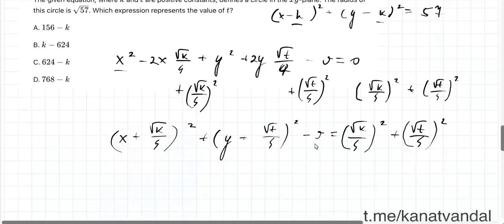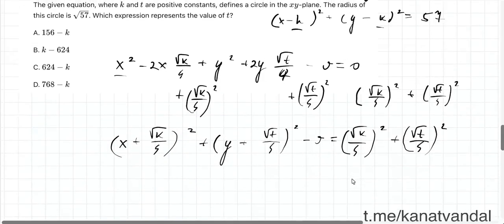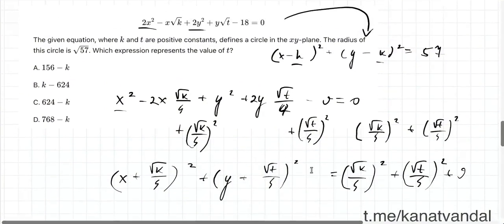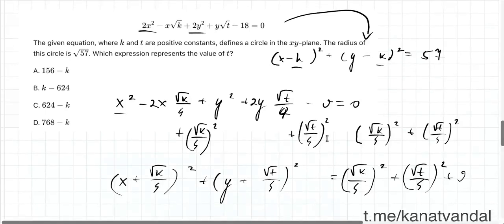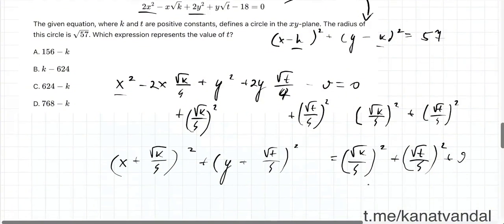And let's also rewrite the equation so that I have plus 9 on the right and plus 9 on the left, so that I have cancellations. And realize that we now achieved our goal. We managed to transform this equation in a general form to the equation in a standard form. This way we can see that this will be our radius squared.